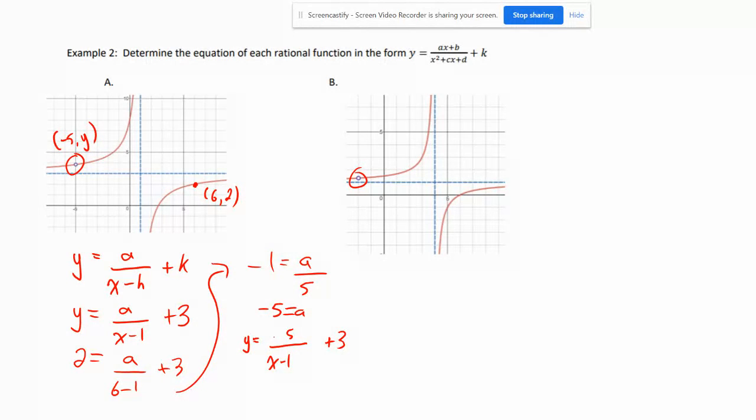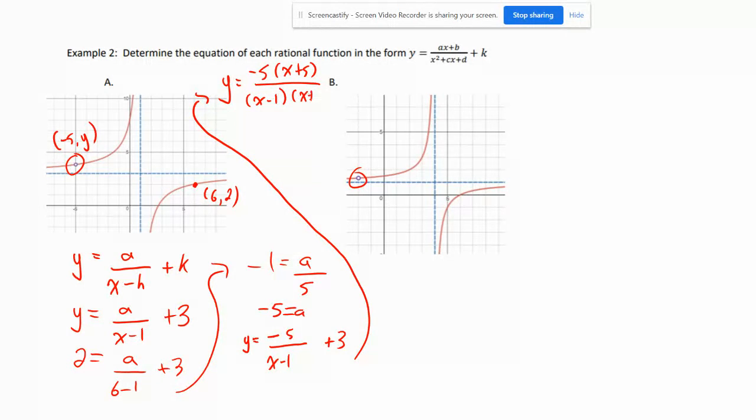Okay. So since we have a point of discontinuity here, what we want to do to this one is take that -5 there, guys. We're going to have a factor of x plus 5 in the numerator and the denominator.